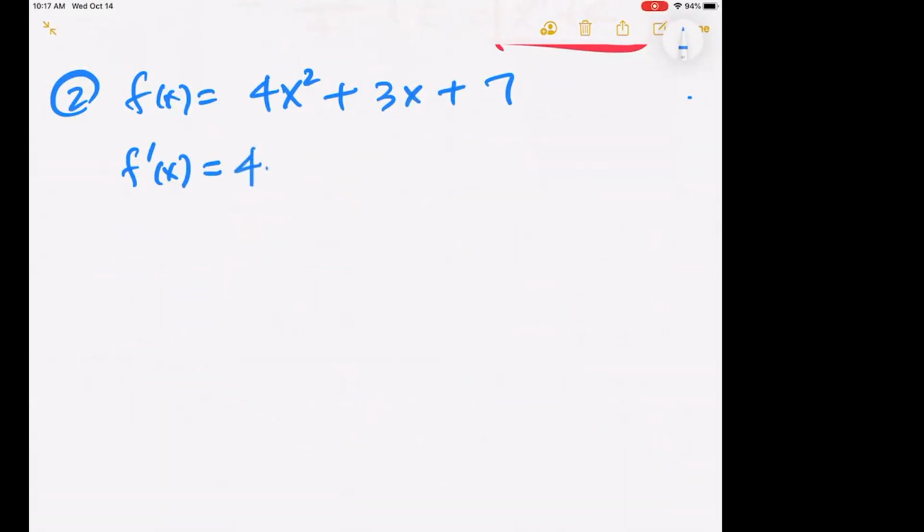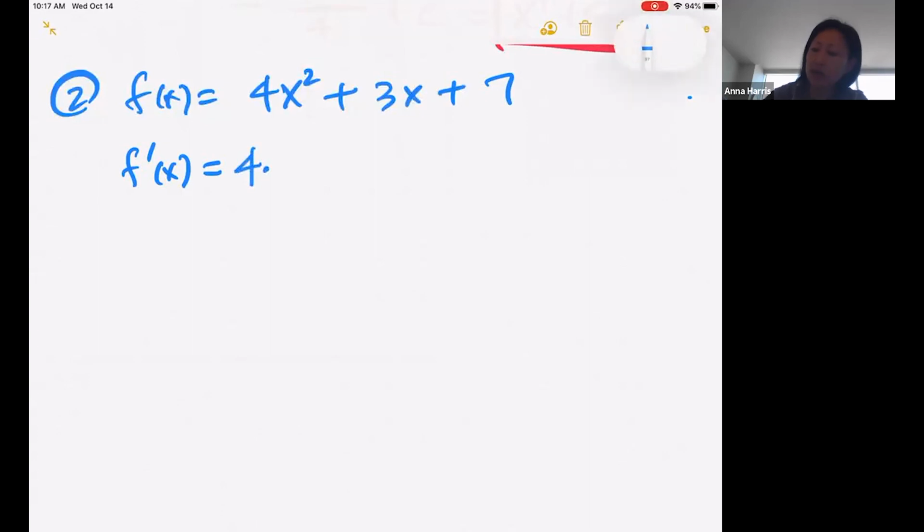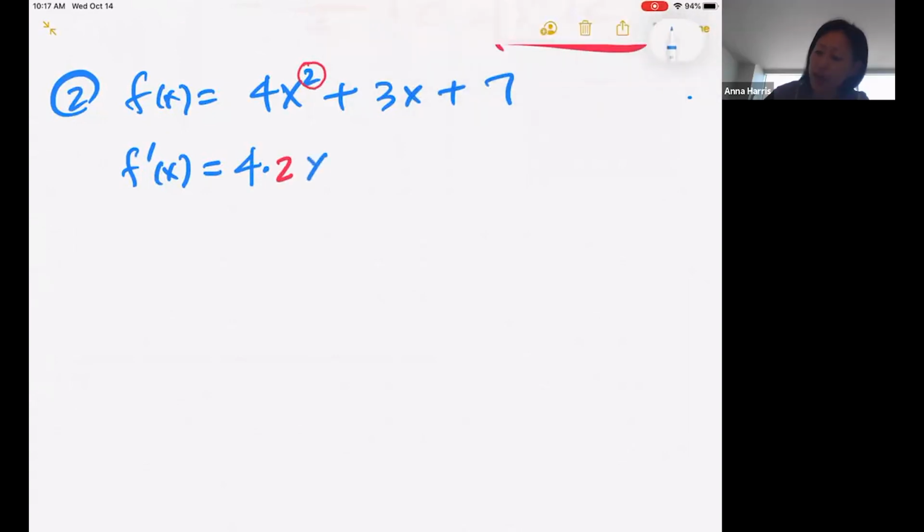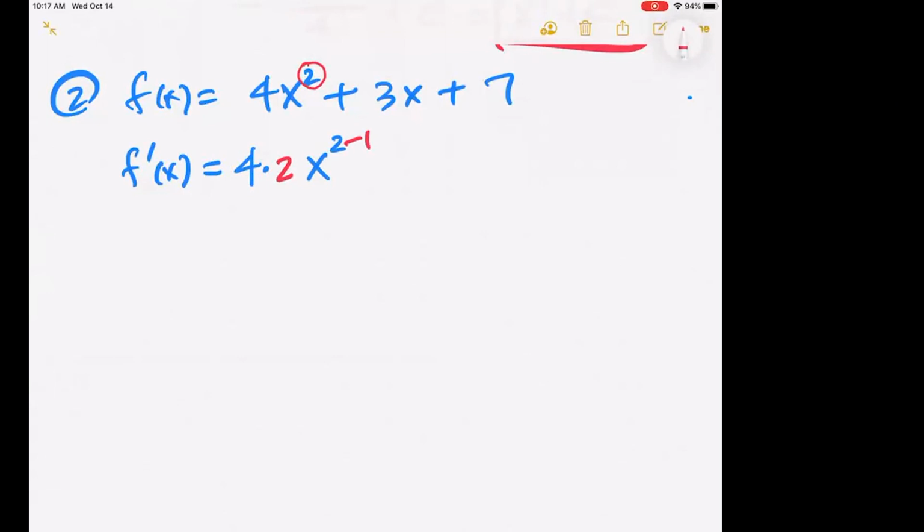Okay, 4 times what? I need to multiply by what? 2. By 2. And then I'm going to do x to the what? 2 minus 1, right? I'm just going to show every step so you can see how you go backward and forward. I'm just taking a direct downward.